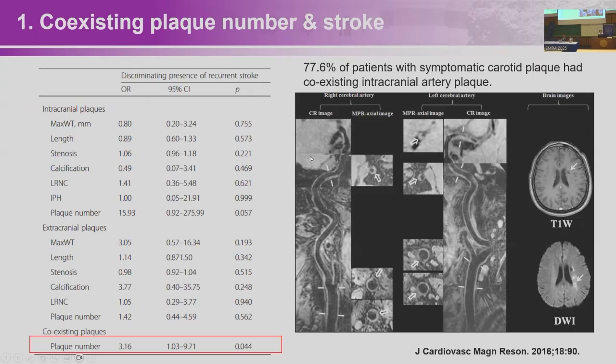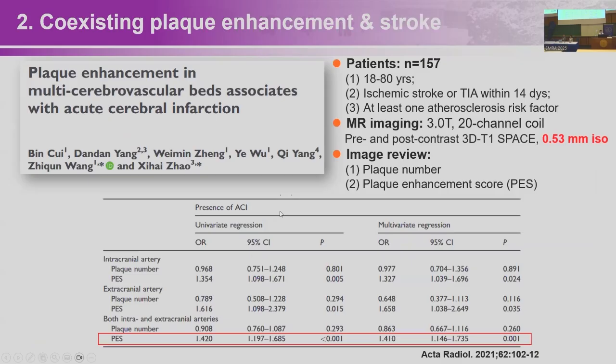This is very high. We also found that the plaque number of coexisting atherosclerosis is an effective indicator for the risk of acute infarction in brain, and that the enhancement of coexisting atherosclerosis is also a significant indicator for ischemic stroke.